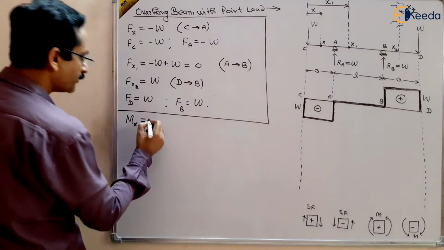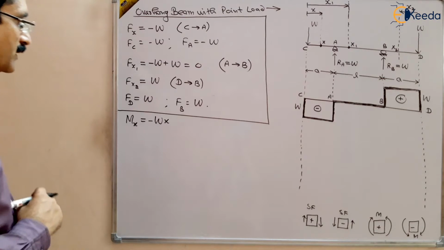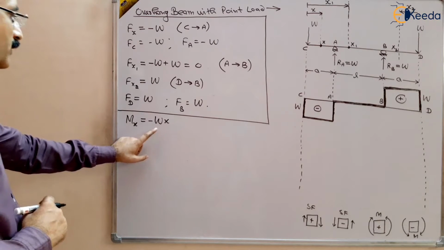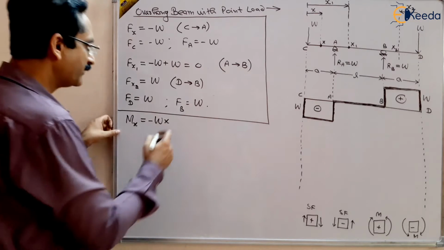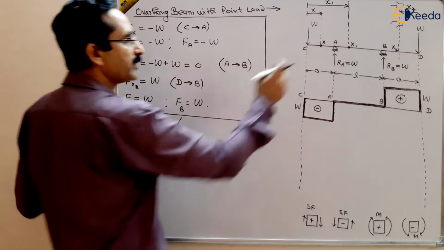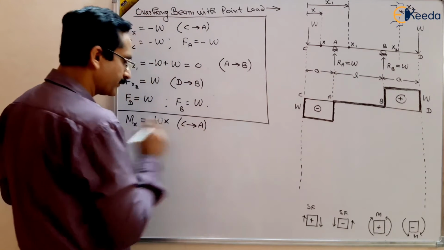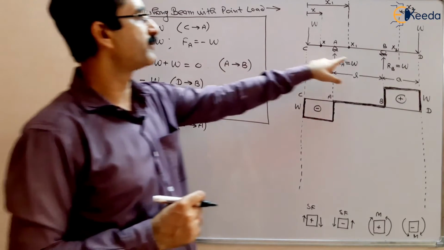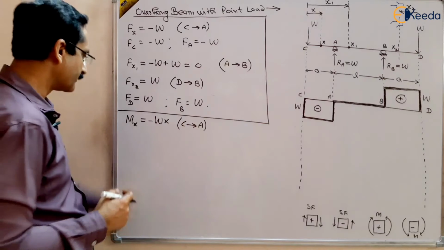So this will be minus Wx. This is the bending moment equation, and this is a linear equation, and this will be valid between C to A. After that there is another force, we have to take another section, right? So from C to A it is valid.